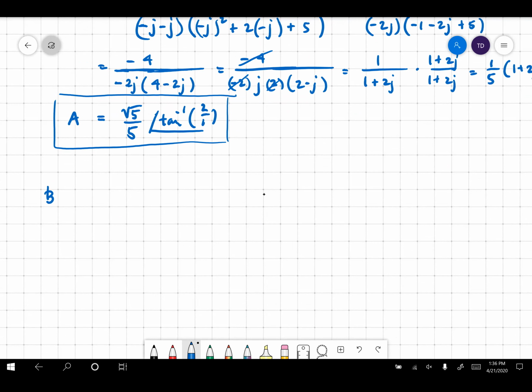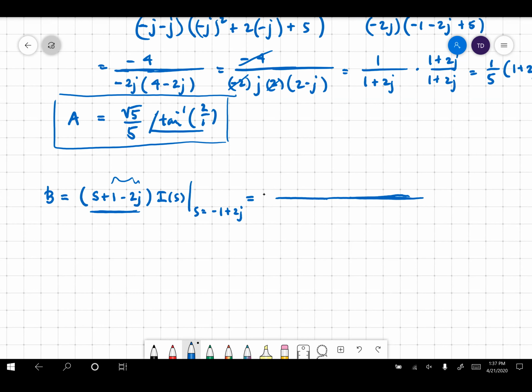Okay. B equals S plus 1 minus 2J times I of S, evaluated when S equals minus 1 plus 2J. Remember, it's always the value of S that causes this whole term to be equal to 0. So it's negative these numbers there.